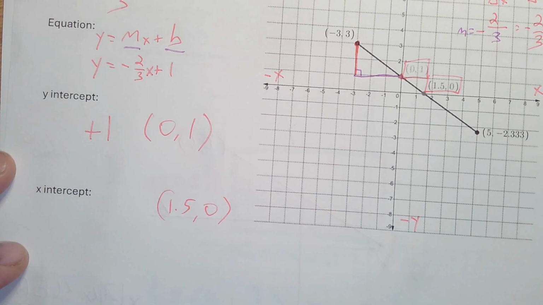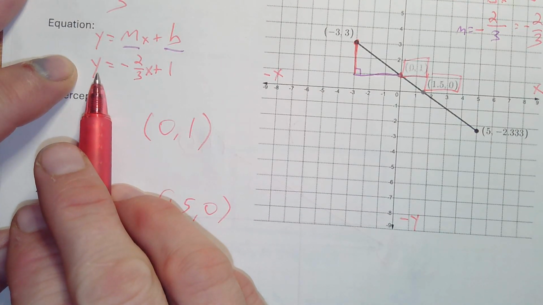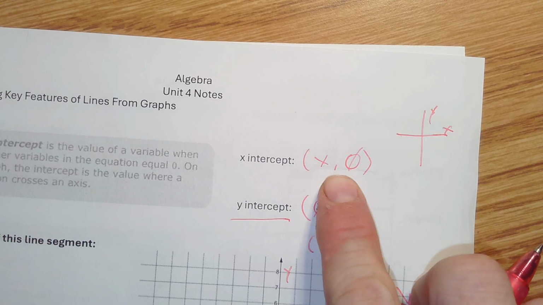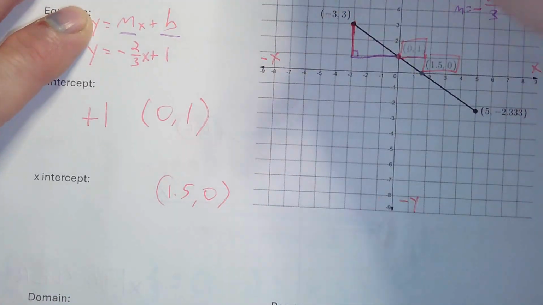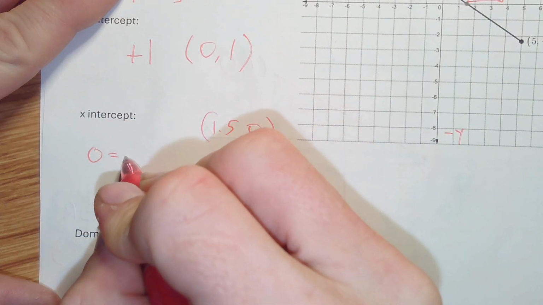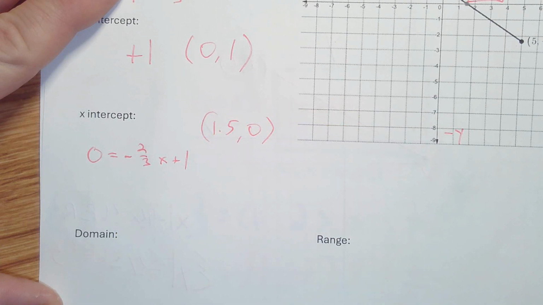If we know that at the x-intercept y is 0, then we would simply put in 0 equals negative 2/3 x plus 1. And then we would solve for x, right?